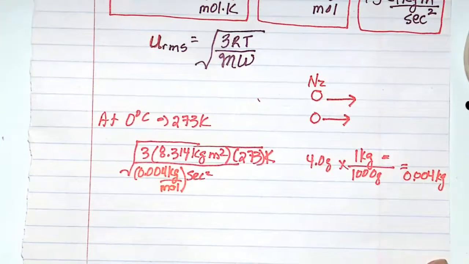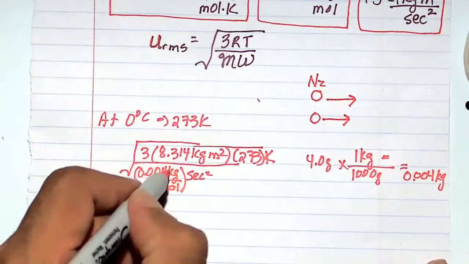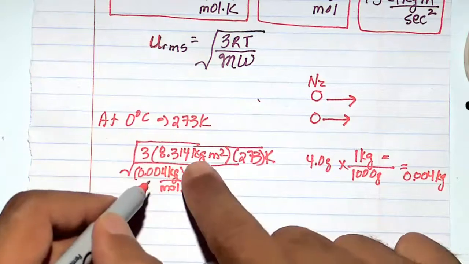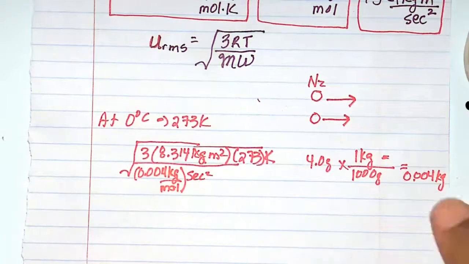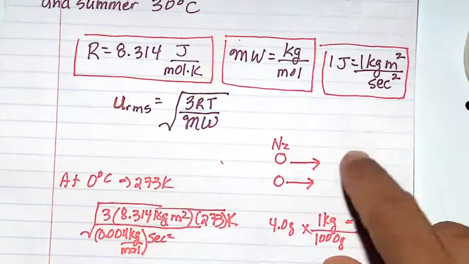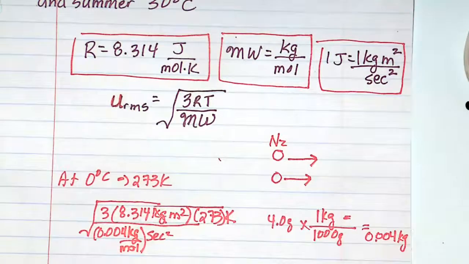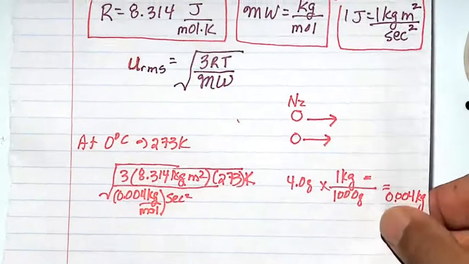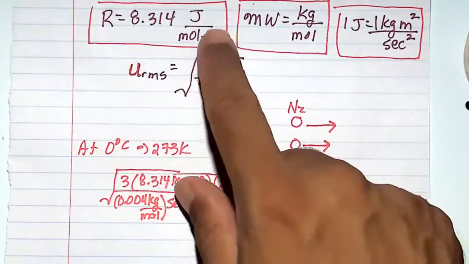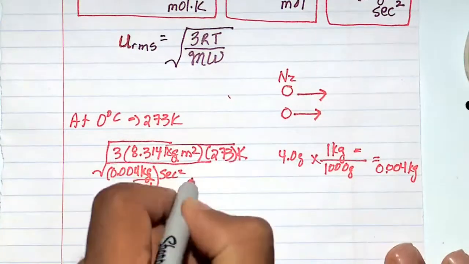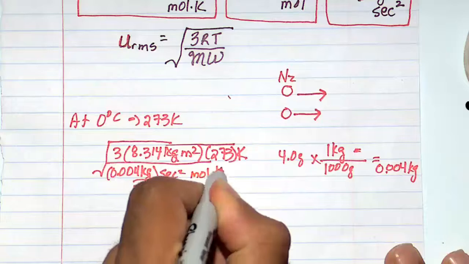So the kilograms cancel. Notice the kilogram meter squared per second squared came from the derived unit of the joule. Don't forget, 8.314 joule over mole Kelvin. I forgot the mole Kelvin in my units here.